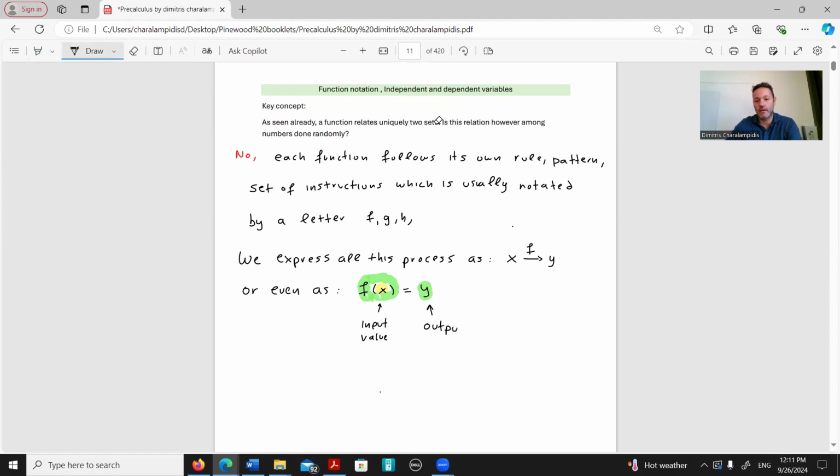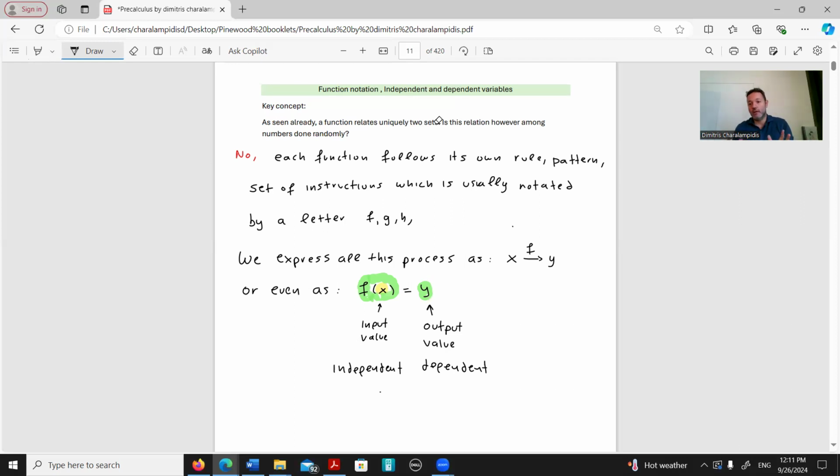Another name for the input and the output values is independent and dependent. It is independent because the input values are randomly assigned. We can set them up. Let the input value be 1, 3, 10, square root of 2.